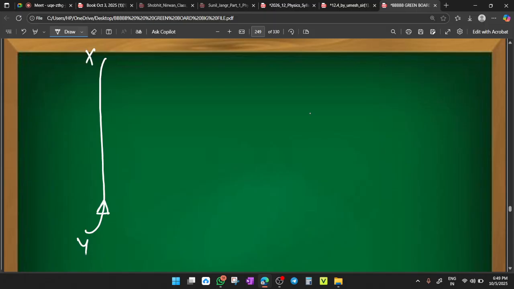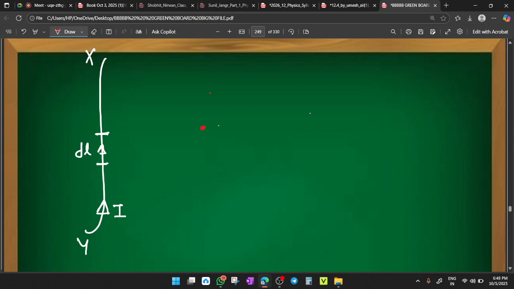This part is x, this part is y. Out of that, I have considered a very small length dl that is also carrying current I. The same current is flowing through it, and we have to find the intensity at this point.